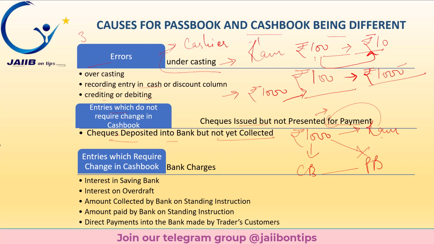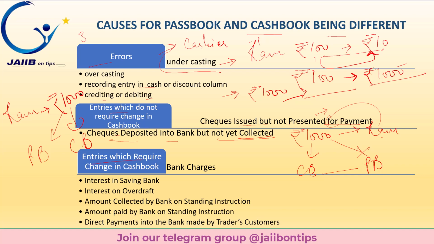If Ram gave me a check of rupees 1000, I wrote this in my cashbook, right, that I have got rupees 1000, but I haven't collected this amount in my passbook because there may be errors, like the bank needs 3 business days, like the last example, or there is no amount in Ram's account, so the check is bounced. So any of the cases is correct, right?